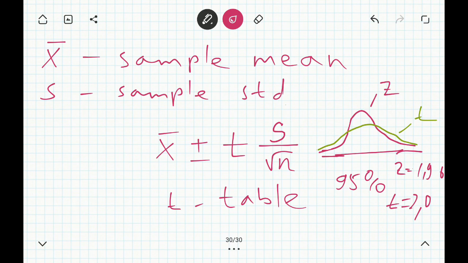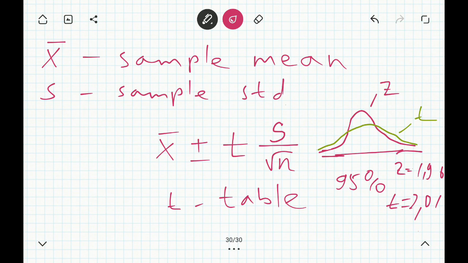So it's larger, and the more confidence you want, the bigger the difference between t and z will be. So for 99% confidence, you need to take t 3.3 something or so. Anyway, you can look it up in the table whenever you need it.